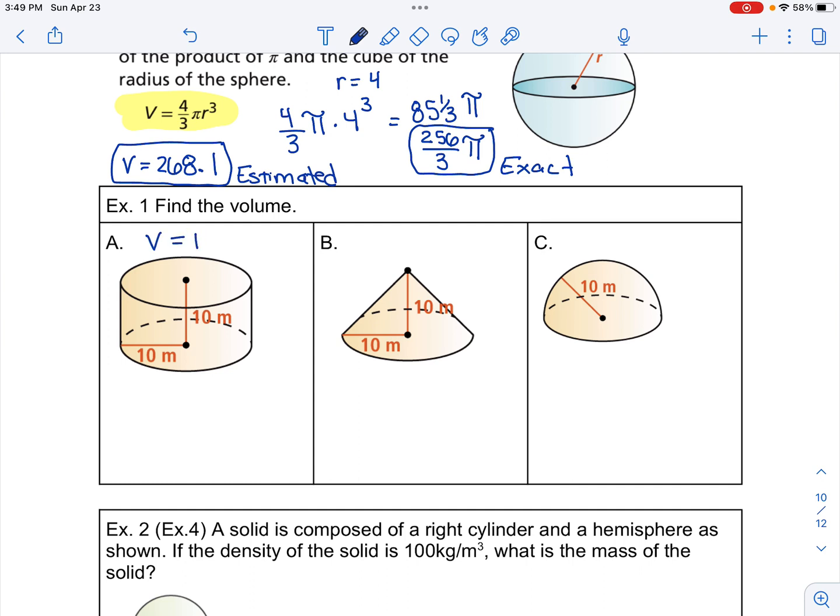Volume is capital B, base area times height. This was from our day 2 with cylinders and prisms. In this case, the base is considered to be a circle, so we would do pi r squared, and then times the height, in this case also 10.